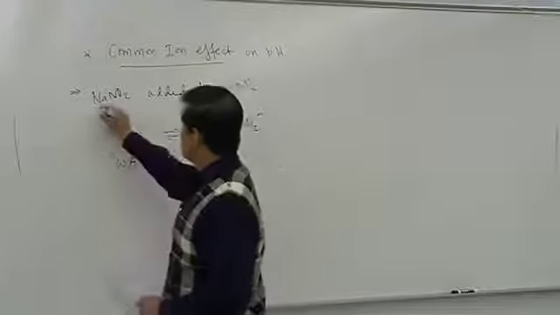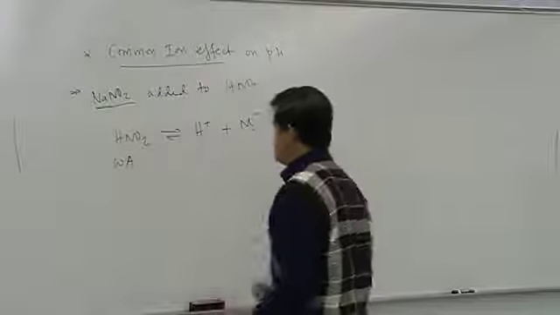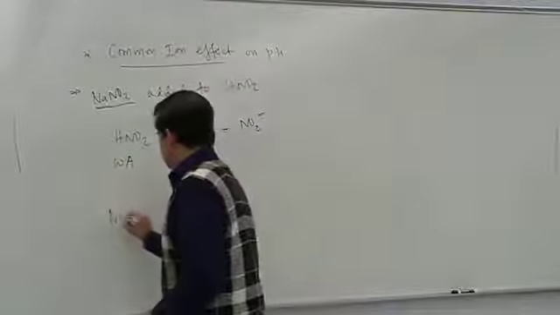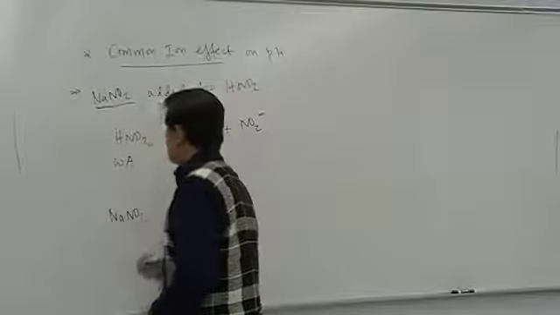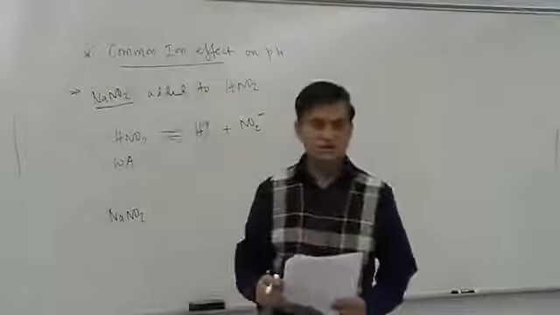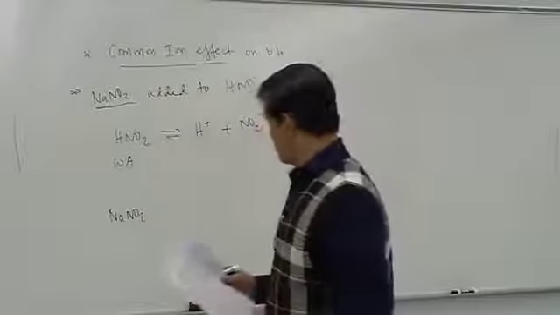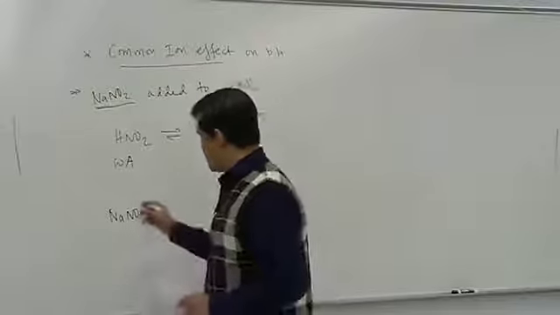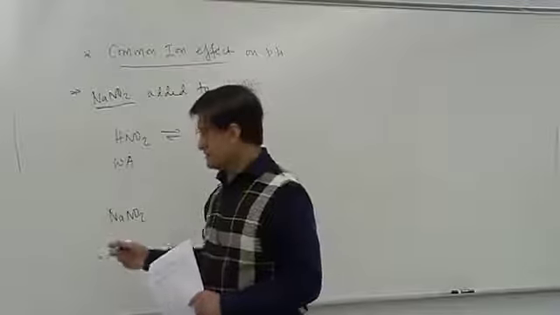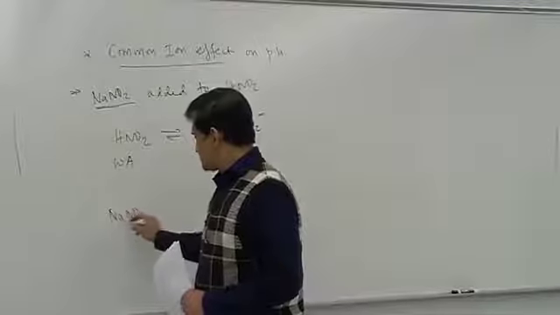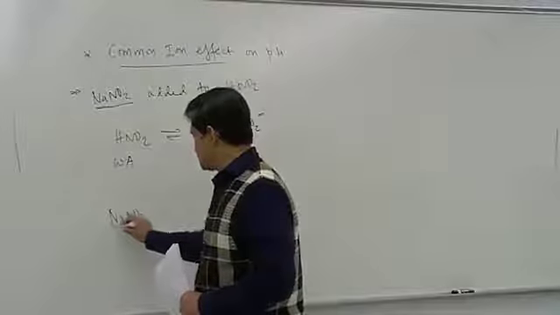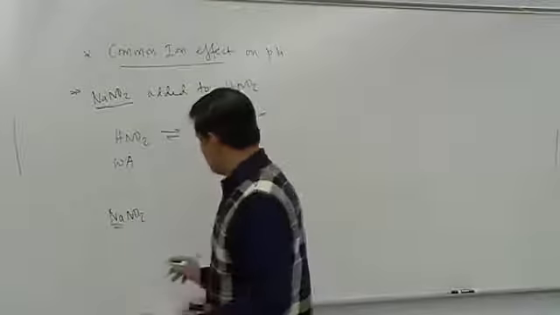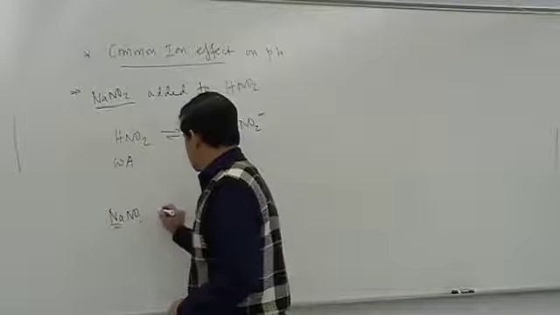Now I'm adding sodium nitrite. Let's see what it does. Again, as I just mentioned, group 1A, 2A salts, mostly they would break down 100%, especially when you have sodium, potassium, calcium. So in this case, sodium nitrite. So sodium will be separating from NO2, 100%.